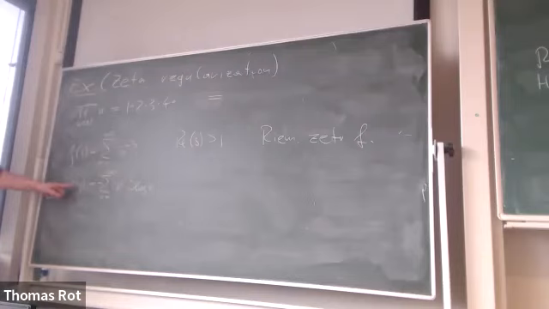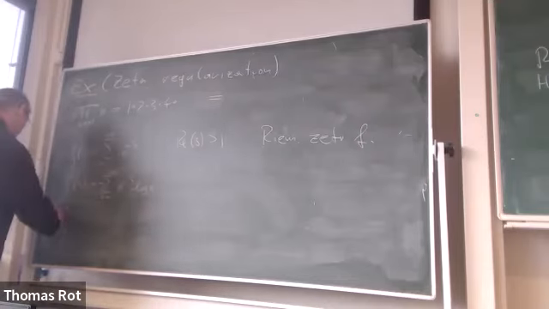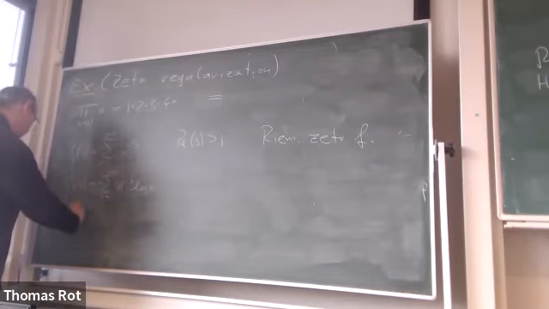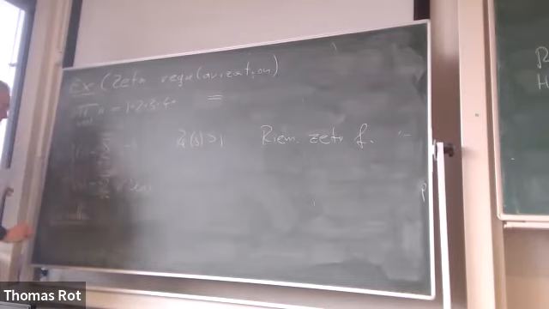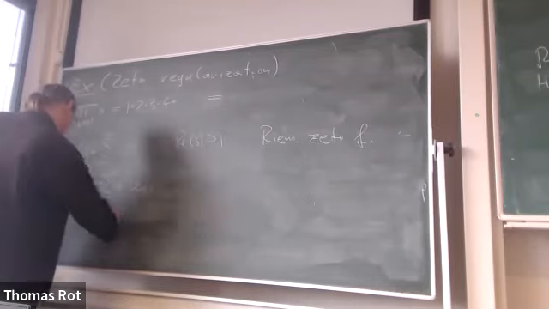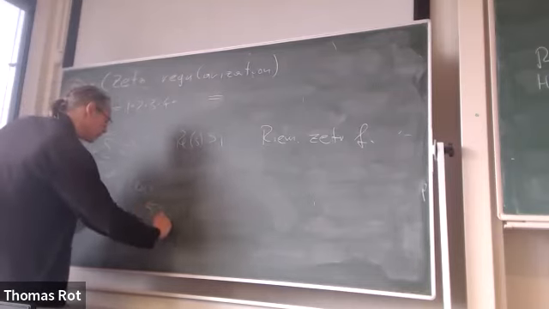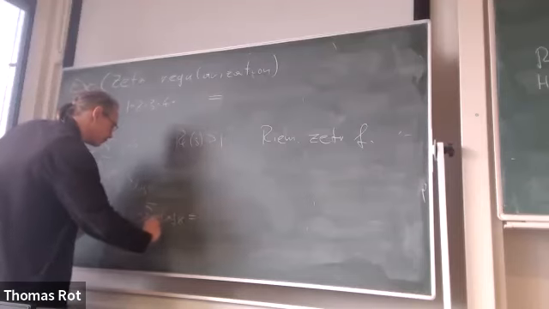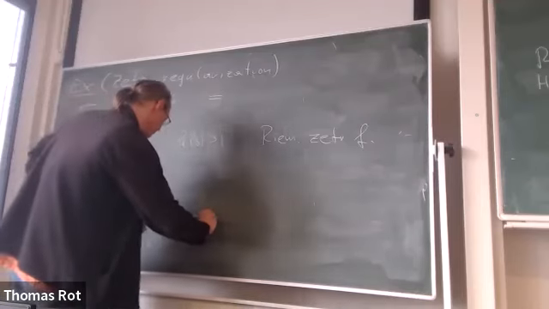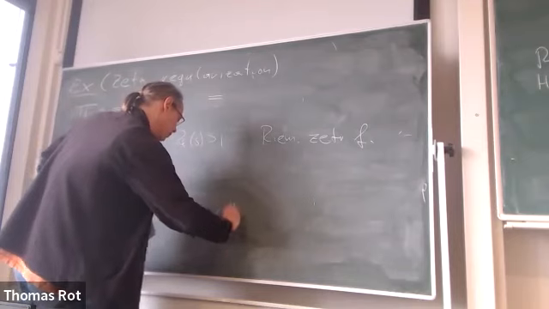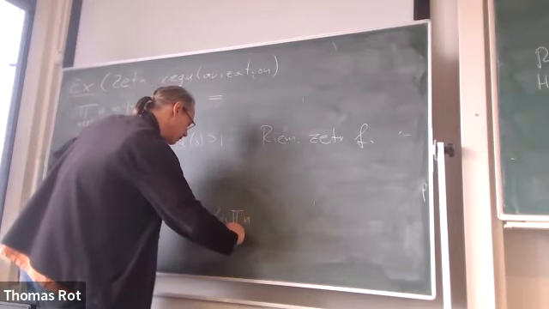So formally, the derivative at 0 is minus the sum of the logarithms. So that's minus the logarithm of the product we're interested in.